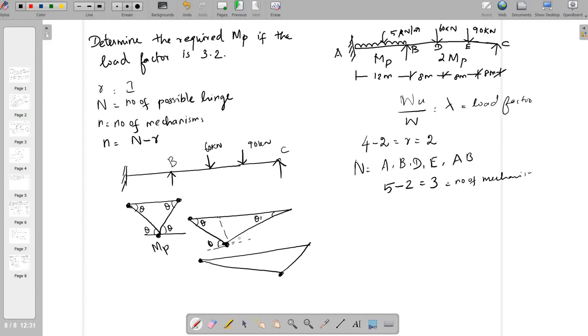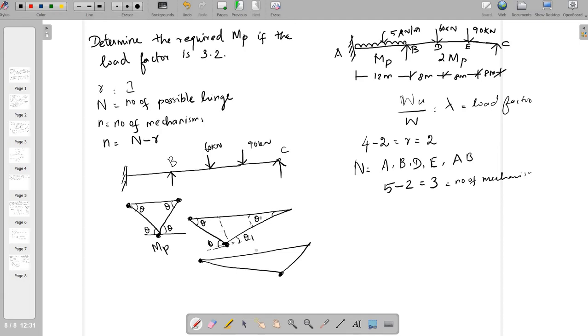So theta 1 will be here. Under the load we can find some different deflection. You should note that on the left side it is theta, and on the right side it will be a different angle of inclination because of the different span.